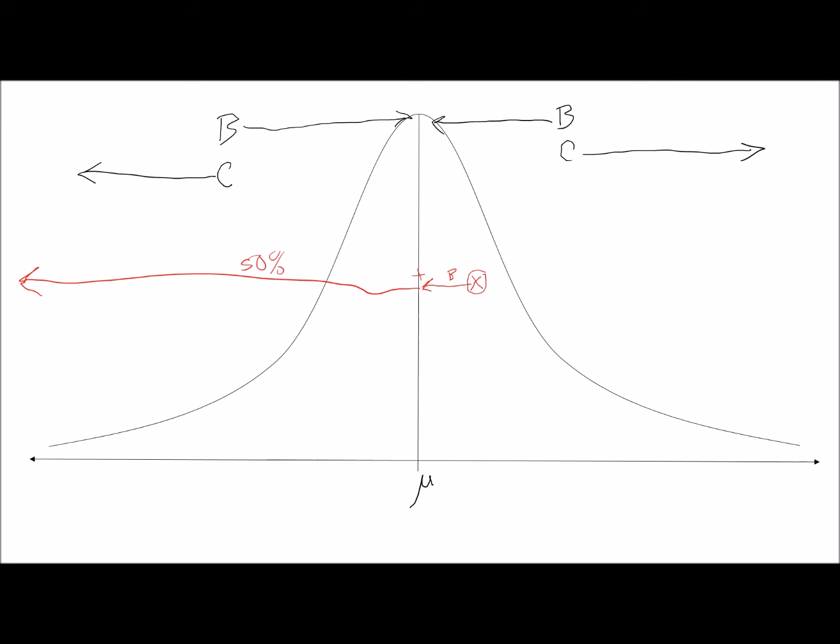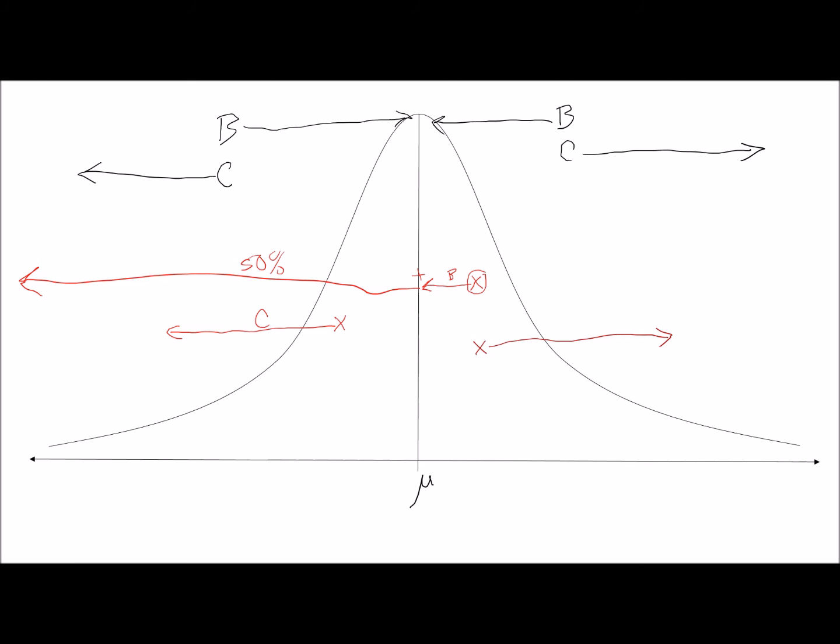If the z-score you're looking at is below the mean, and you want to know the percentile rank, then it's going to be the C column. Let's say you have a z-score that's here, and you want to know everything above that score.